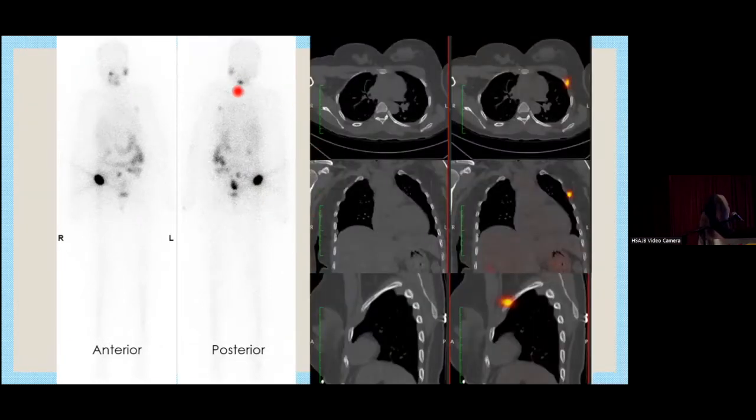Another uptake in the thorax, which could be ribs or lungs, but as a clinician, we have to relate everything. This is bone and this is bone. Most likely this is in the ribs, plus the uptake is situated at the periphery rather than in the lung field itself. But with SPECT-CT, it definitely confirmed our diagnosis of uptake in the ribs.